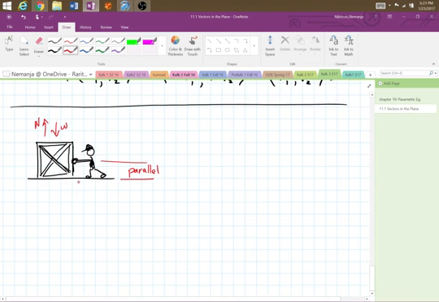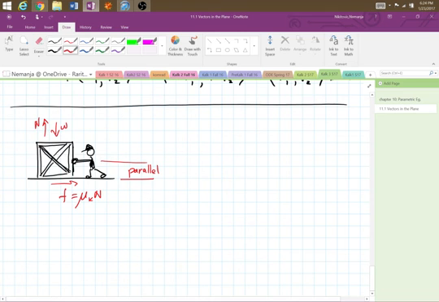And then you will have friction, which is mu k times normal force. All of these things you learn in physics. The heavier the object, the more contact it has with the floor, the bigger the coefficient of static friction, the more friction you will have, and the harder it will be to push.